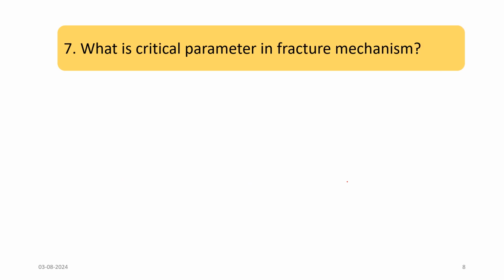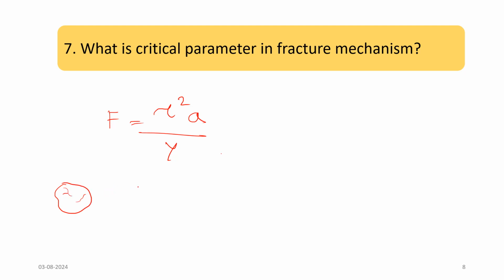Okay. Next, what is the critical parameter in fracture mechanism? F is equal to tau square A divided by Y. So suppose a particle has some crack on it, a little bit of crack.